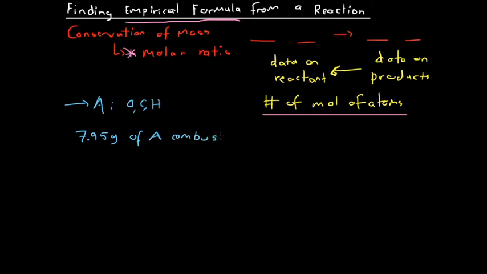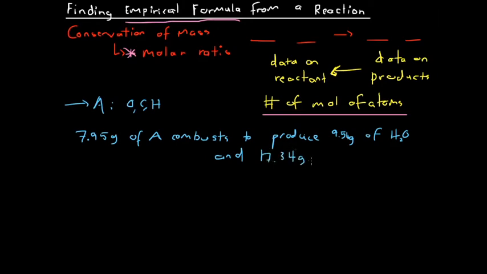That's what happens when something combusts. So this combusts to produce 9.54 grams of water and 17.34 grams of carbon dioxide.